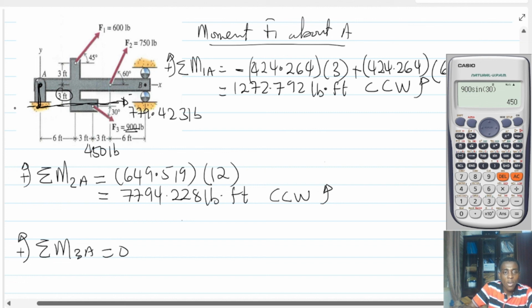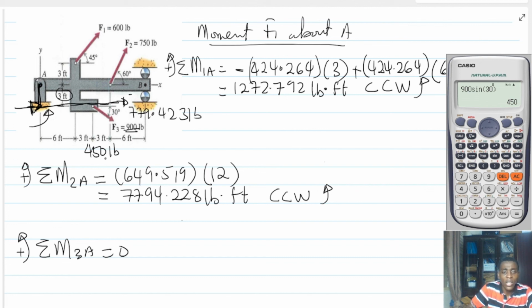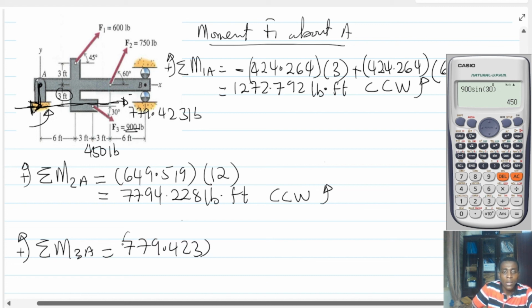So by the principle of transmissibility, I can even bring the force here. And then this moment is going to cause a moment which is what? Counterclockwise. Therefore, I'm going to get what? 779.423 into 3.